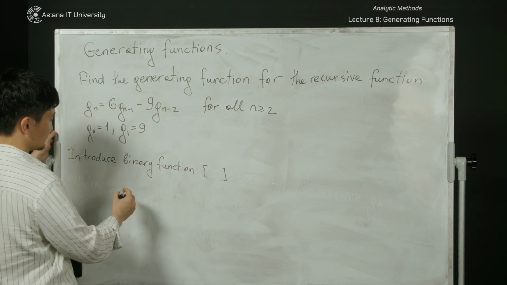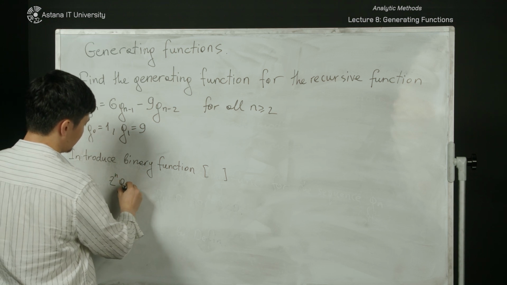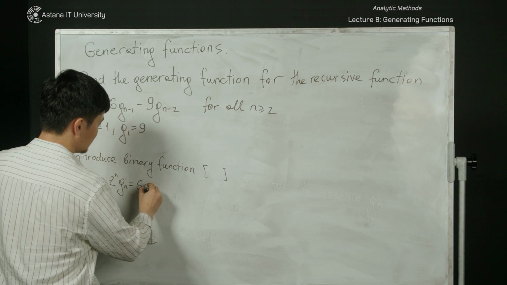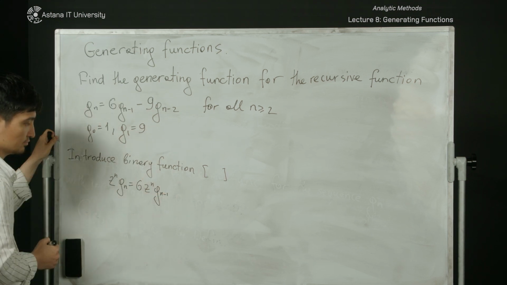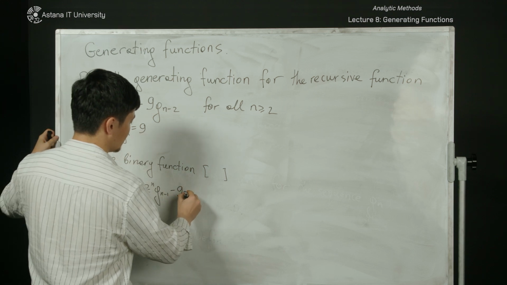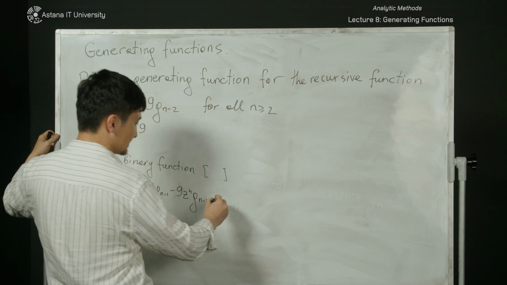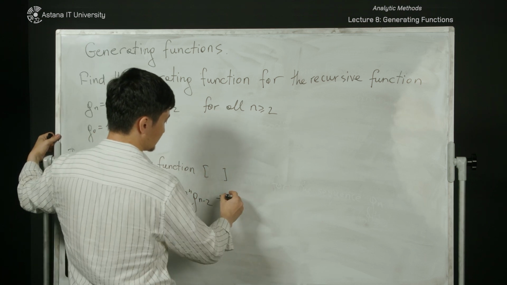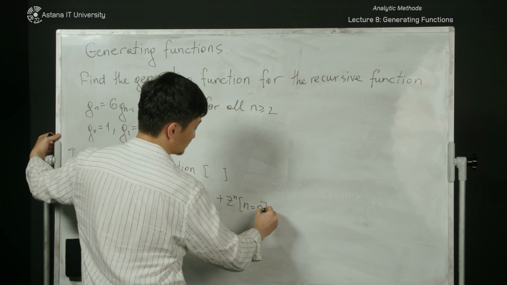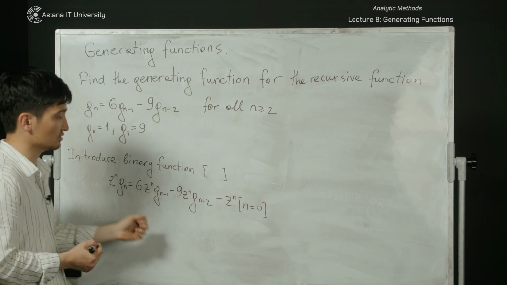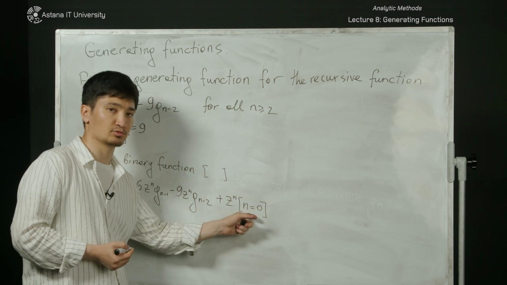So what I will write is simply z to the power of n times gn equals 6 times z to the power of n gn minus 1, minus 9 times z to the power of n gn minus 2, plus z to the power of n when n equals 0. So I'm introducing this correction term, right? When n equals 0 specifically.